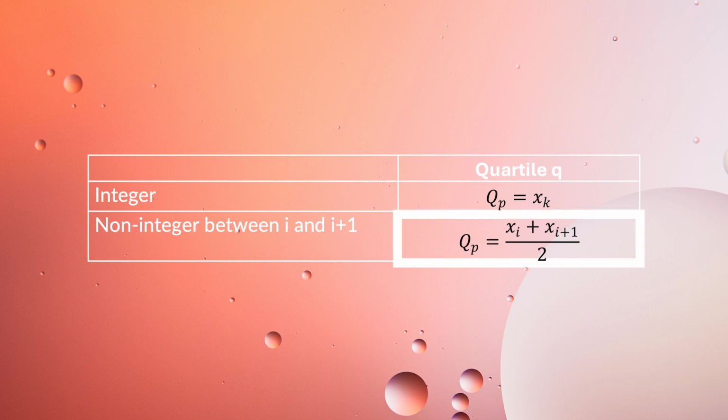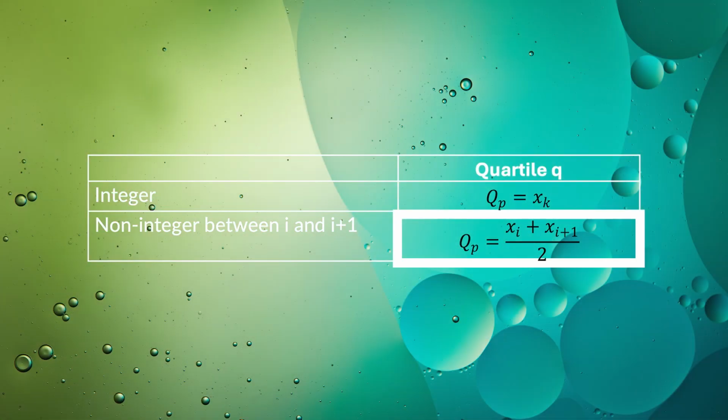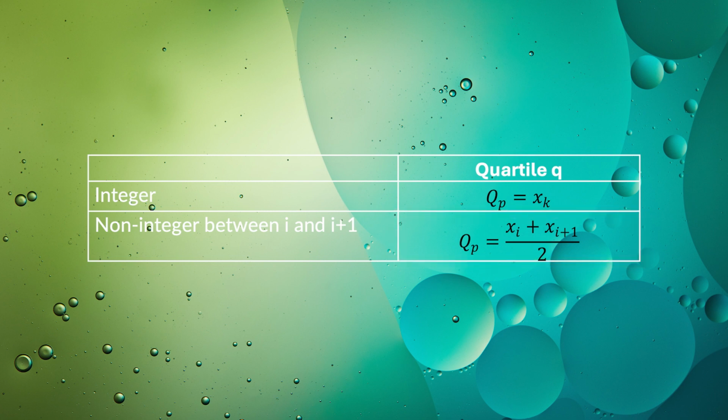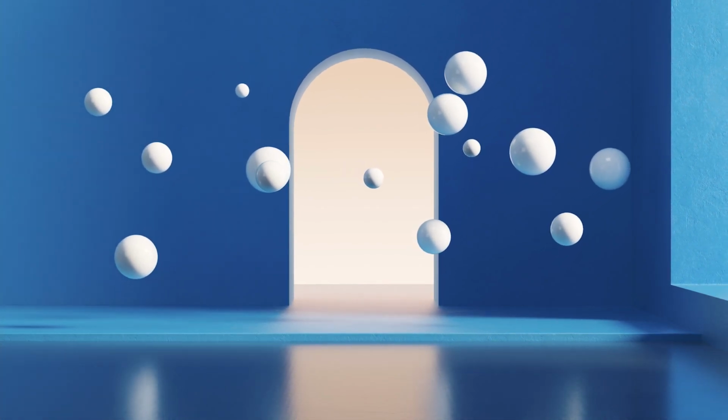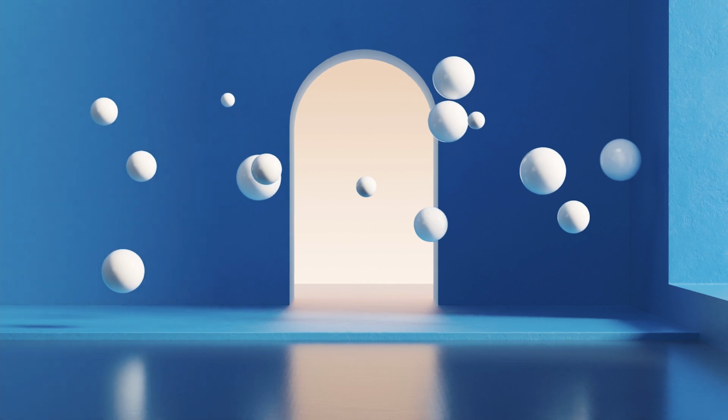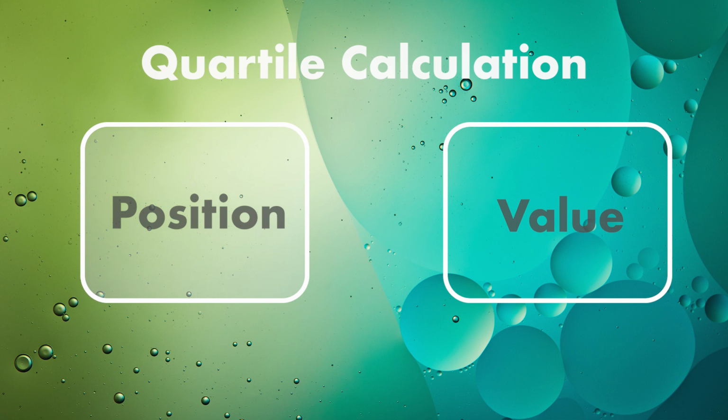If the position is not an integer, we have to average the two closest neighbor values. There are many methods for calculating quartiles besides the exclusive method and the inclusive method. And they can differ in both the first step of the process, when we calculate the position of the quartiles, as well as in the second step of the process, when we're calculating the value of the quartiles.